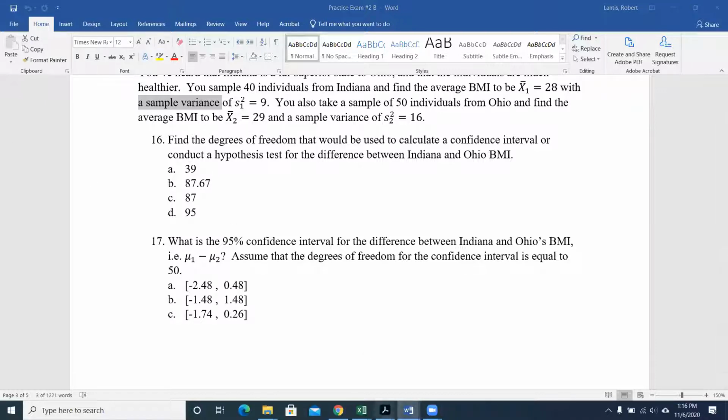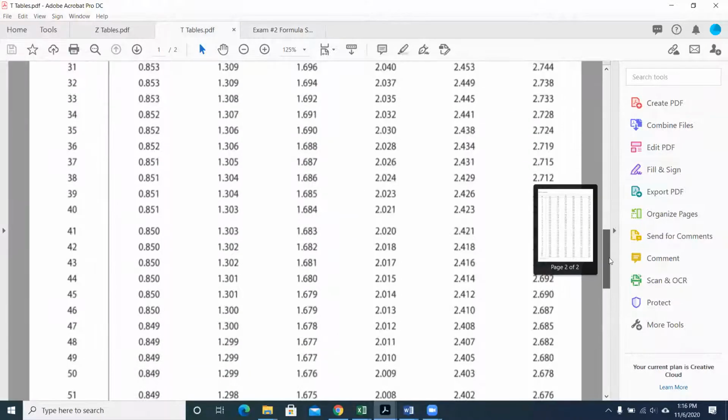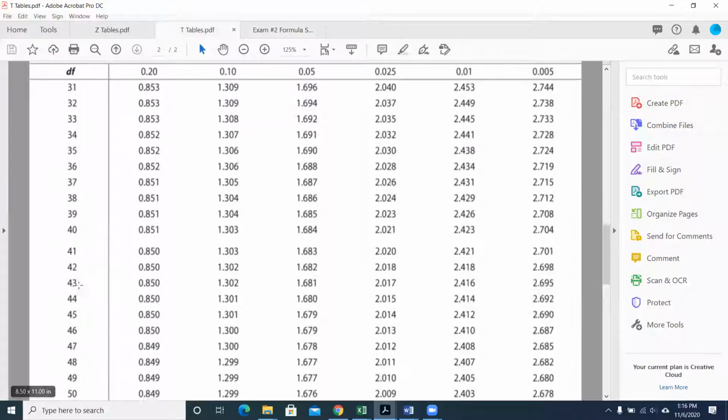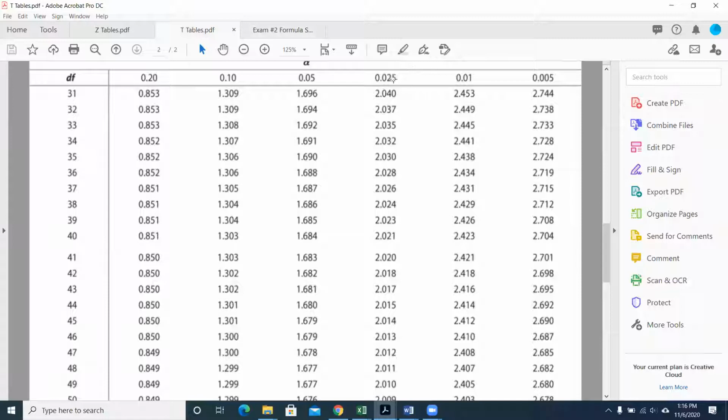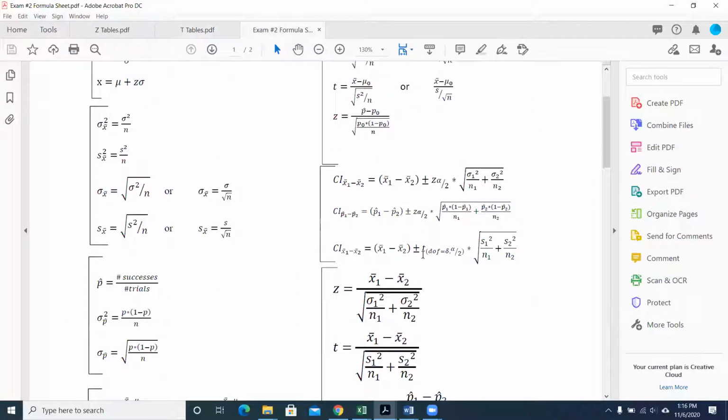So I'll go to that student t table. I want degrees of freedom of 50 and 0.025 in the tail, so 2.009. I'll go back to that formula and plug in 2.009, add this margin of error, which is what we're calling what's on the right-hand side, to get my upper bound, and subtract it to get my lower bound.